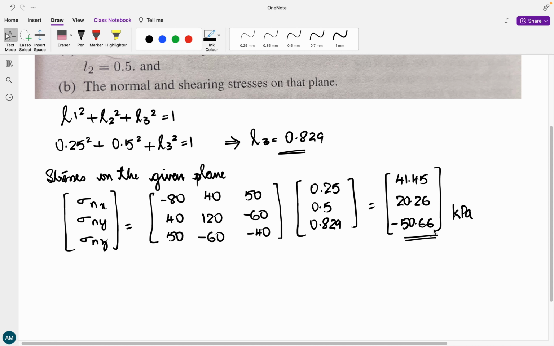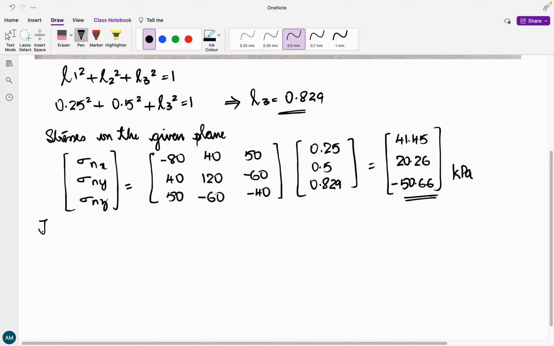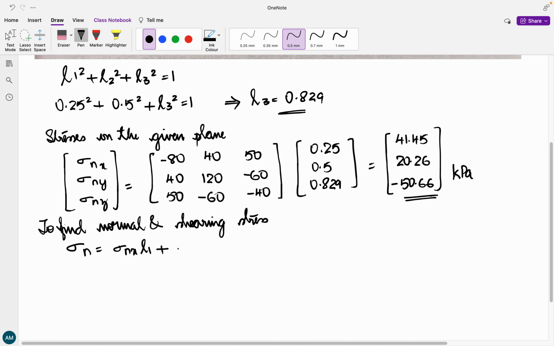Okay, to find the normal and shearing stress, sigma n is given by sigma nx L1 plus sigma ny L2 plus sigma nz L3.